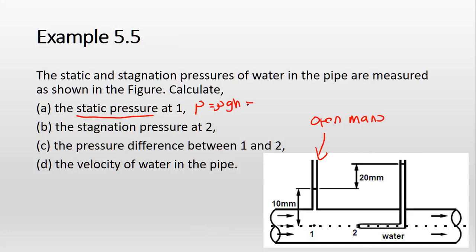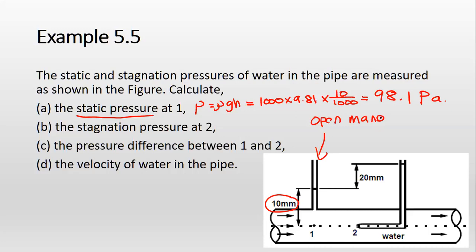The rho is water, 1000, times 9.81, times your height. Your height is 10 mm, so 10 divided by 1000. This will give you 98.1 Pascal. So the open manometer can measure the static pressure at 1.